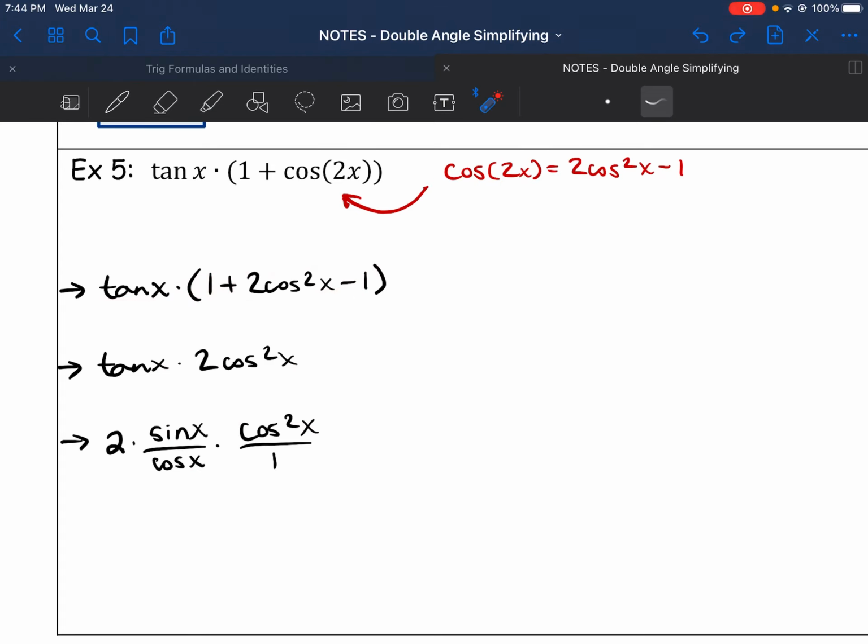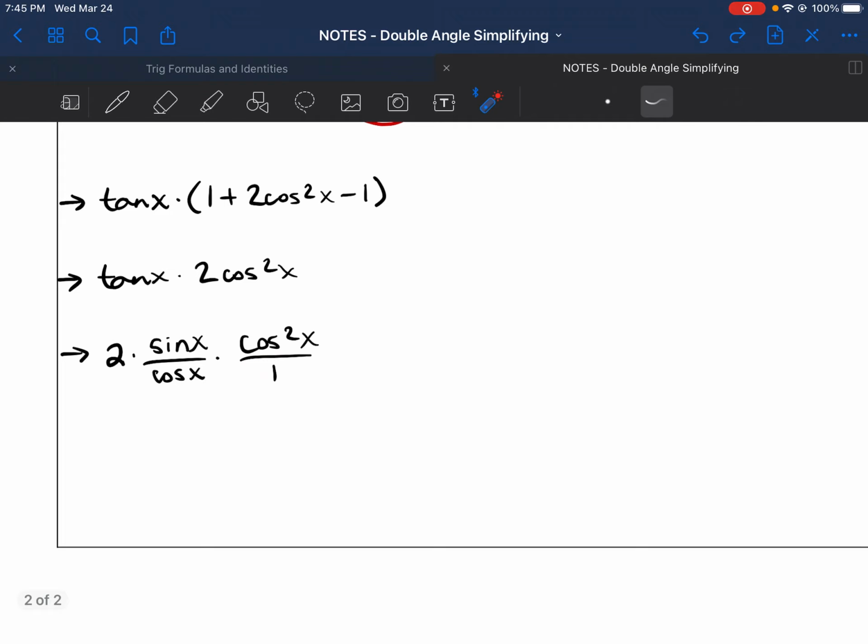And from there, I turn the tangent x into sine x over cosine x. Also notice that I took the coefficient and moved it to the front. This is usually what I'm going to do. If I have a coefficient for a big piece like this, it's all being multiplied together, so I'm going to move that coefficient to the front. So move the 2 up front, tangent x, sine x over cosine x, cosine squared, I just put it over 1.